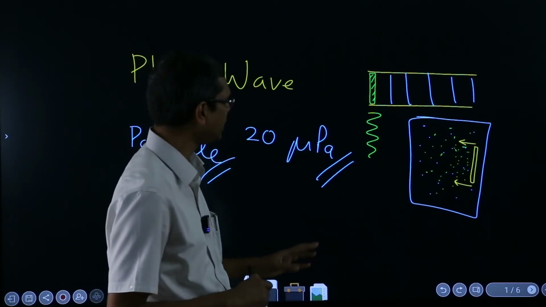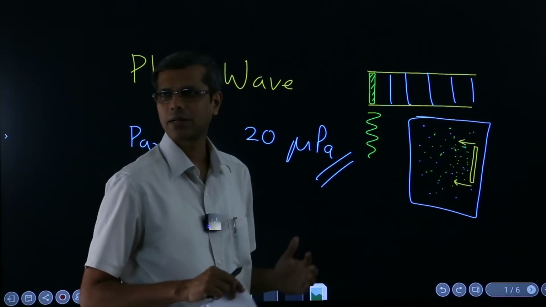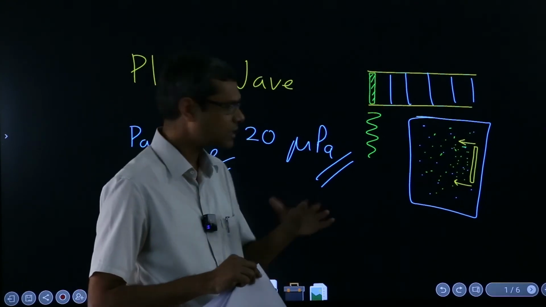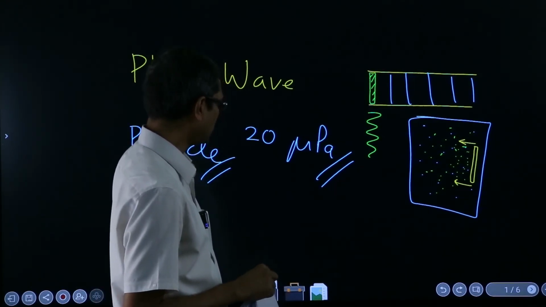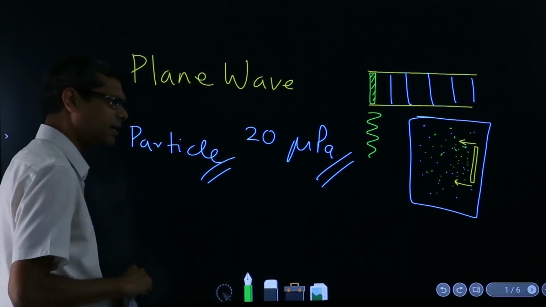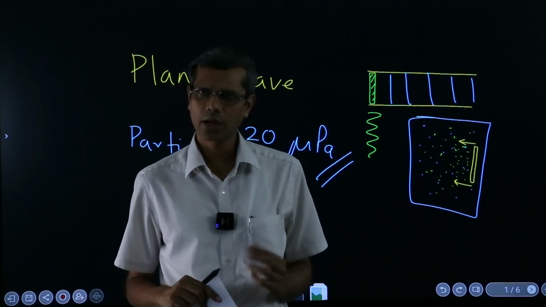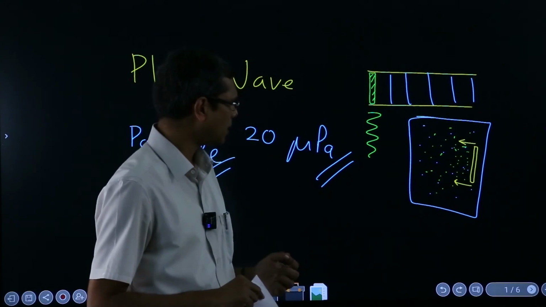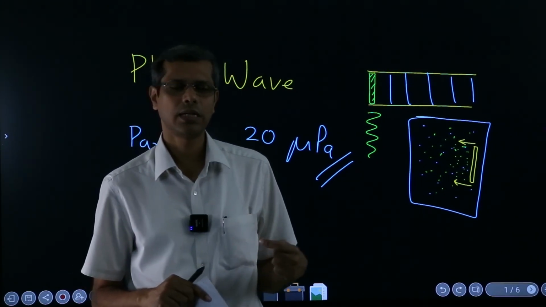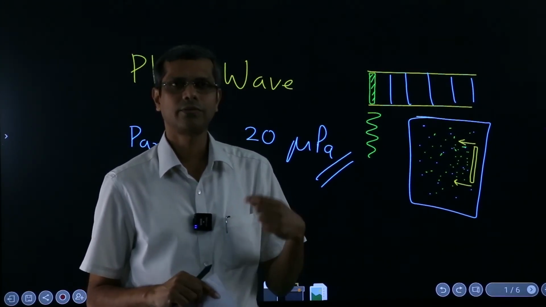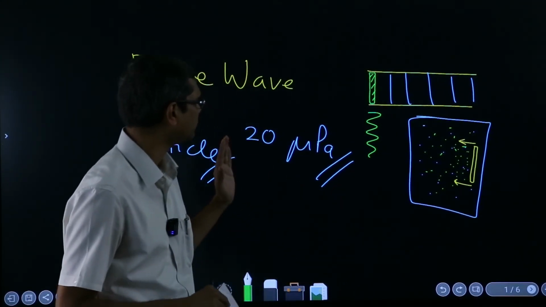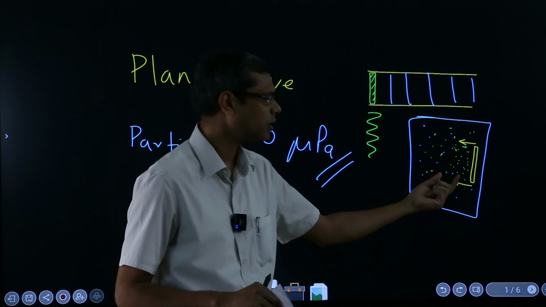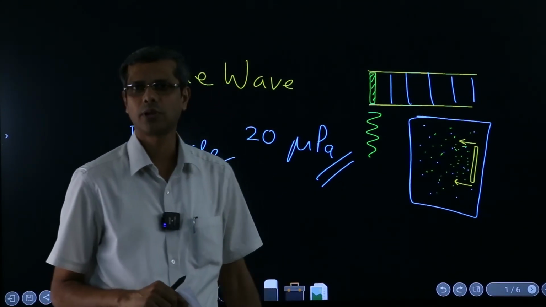All those things will be based on these aspects of the system. Okay, so with that qualitative introduction, now we can go and see how exactly we will derive the equation which governs the motion of the wave, which we call the acoustic wave.